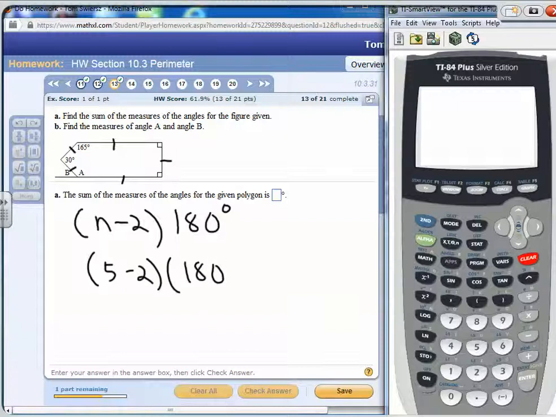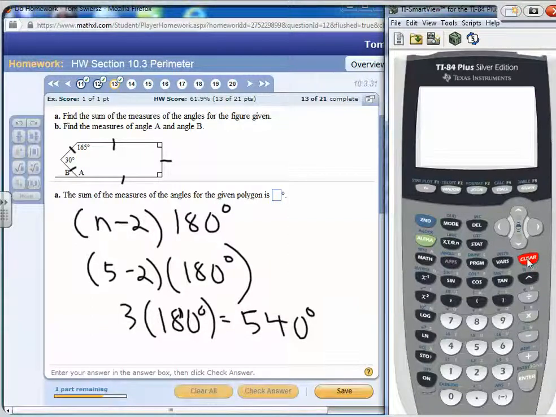So it's 5 minus 2 times 180. 3 times 180 degrees is going to be 540 degrees. So the sum of all those interior angles for the given figure, a pentagon, is 540 degrees.